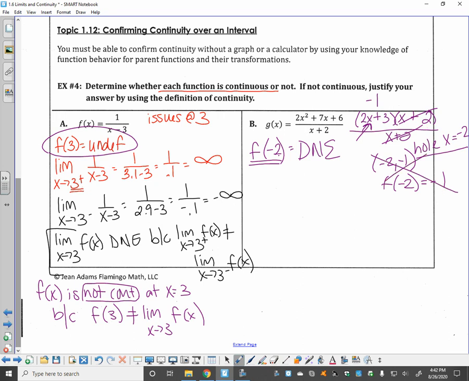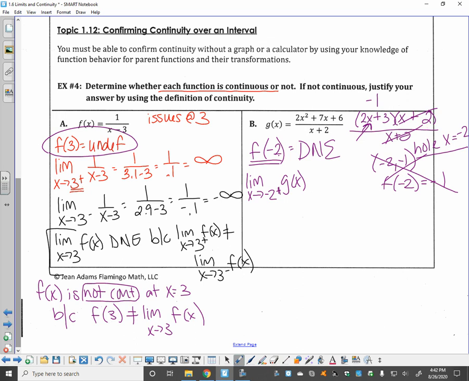Okay, so I already know it's not going to be continuous. I have to prove it. From the right, -2 from the right. I can just plug in a -2. All right, so here's why.